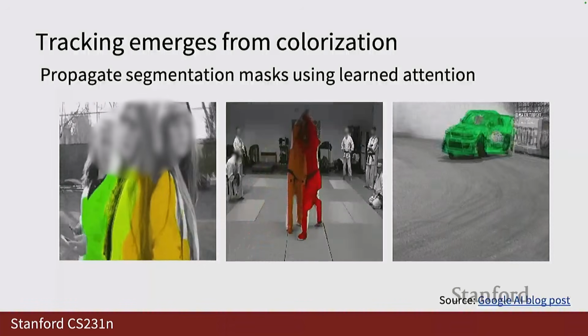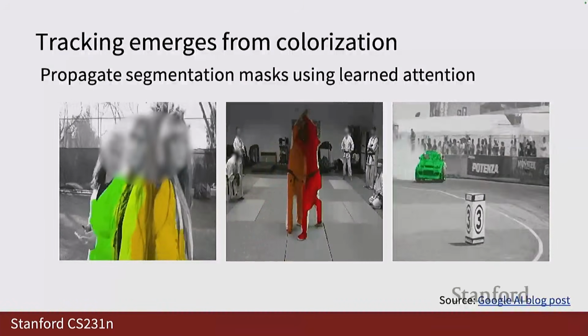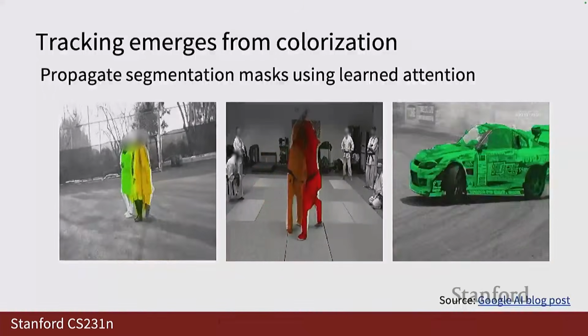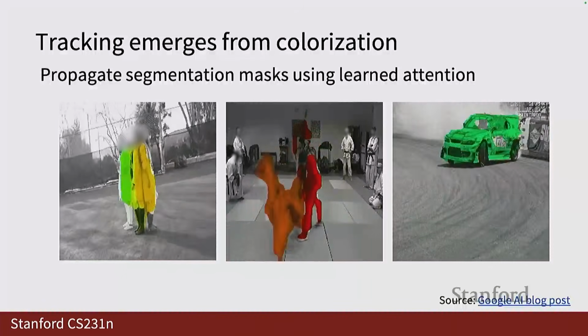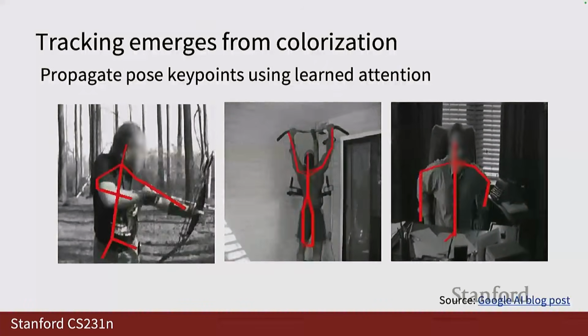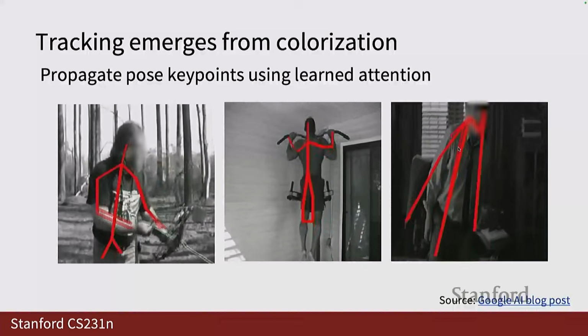And then there have also been some very interesting applications, because now that you're calculating attention to a reference frame, you're able to track objects, track segments in videos, and even identify key points in the videos.